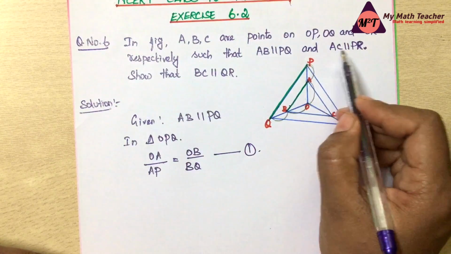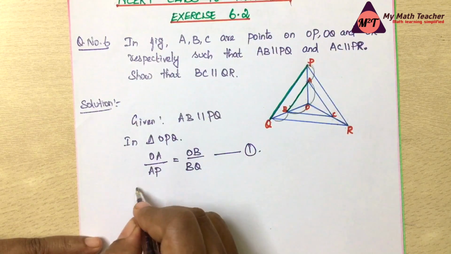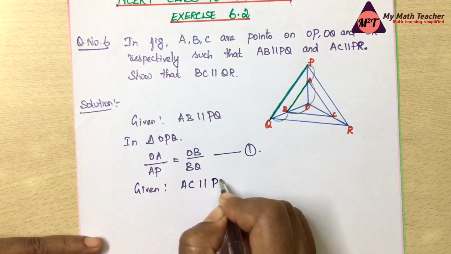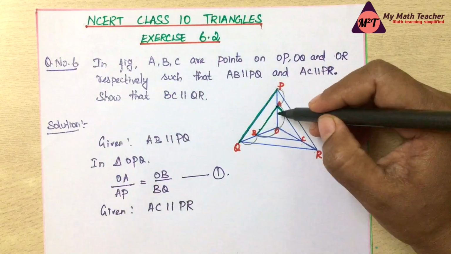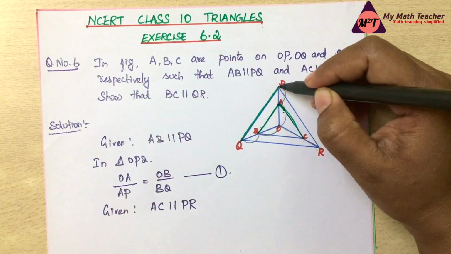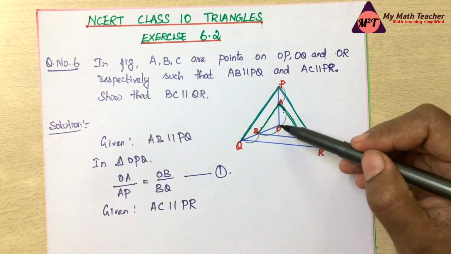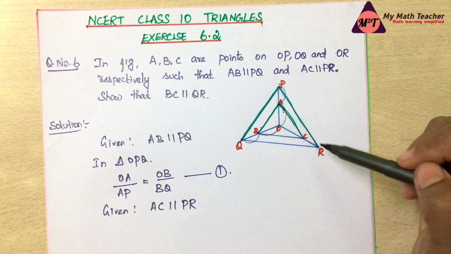Next, AC is parallel to PR. This is given. You can see AC is parallel to PR. Now consider the triangle OPR.